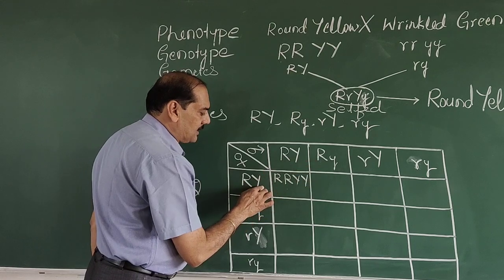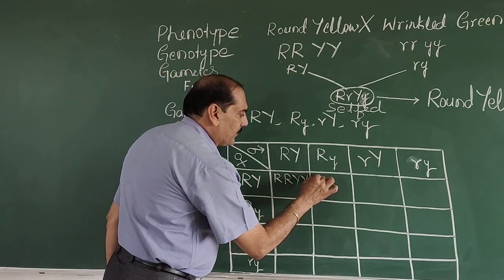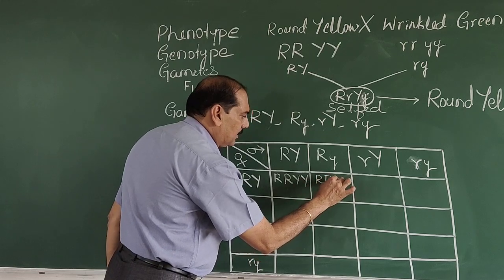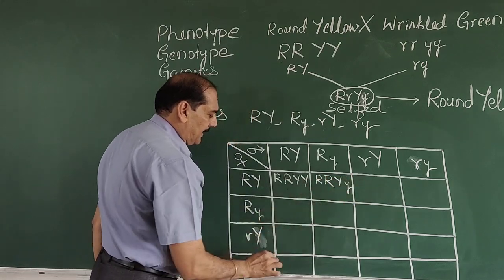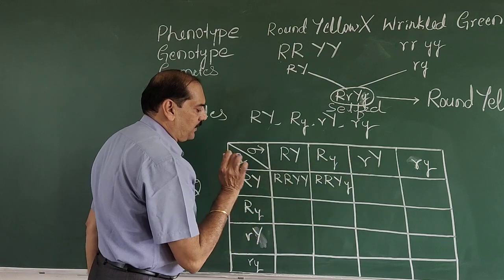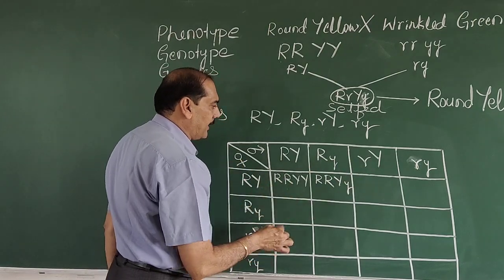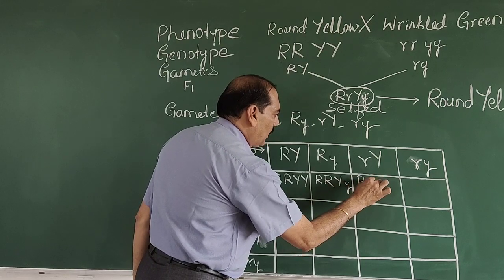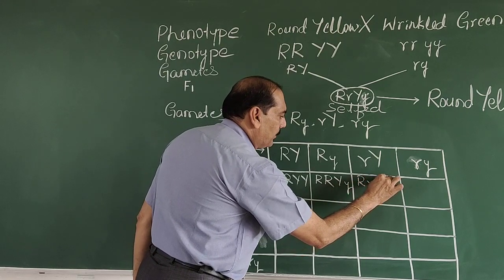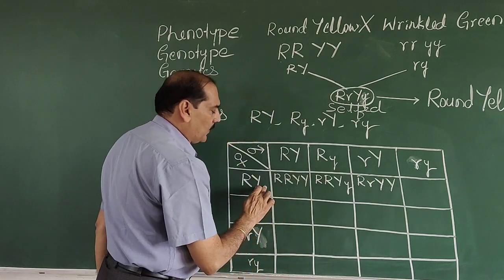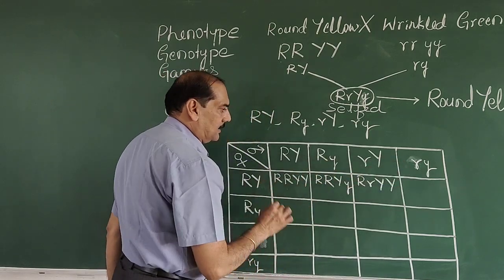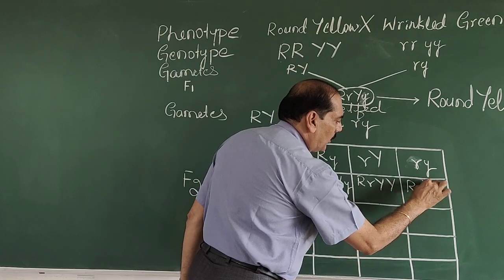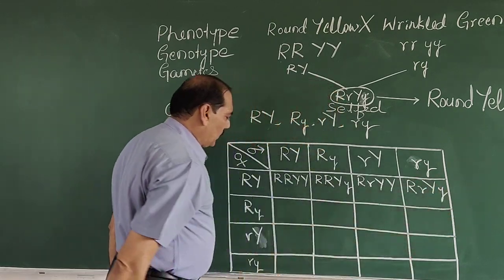When these 2 gametes fused, we write the genotypes in this box: capital R, small r, then capital Y, capital Y. So when these 2 gametes fused, the genotype obtained is capital R, capital Y, small y.